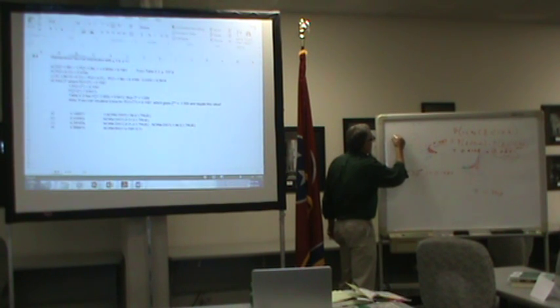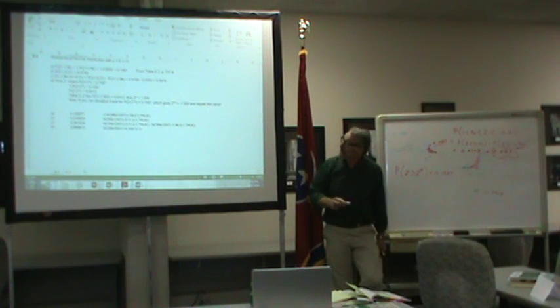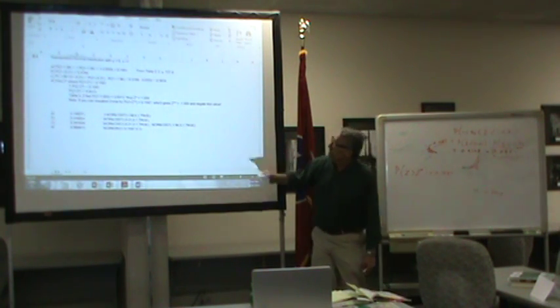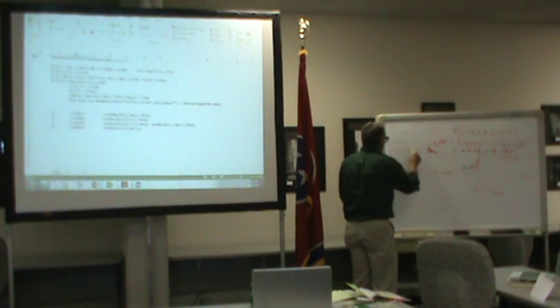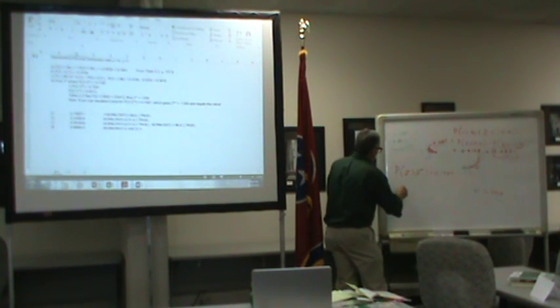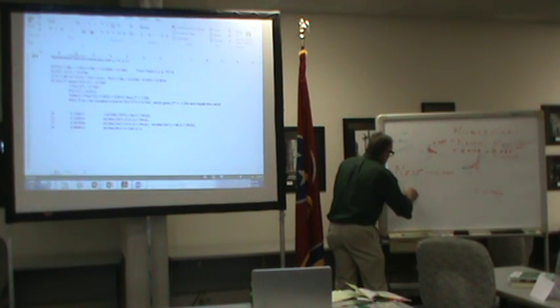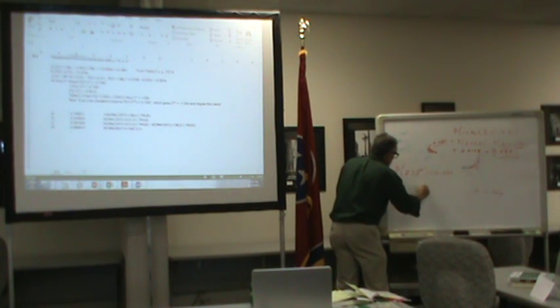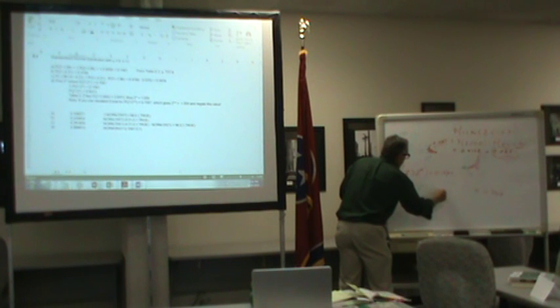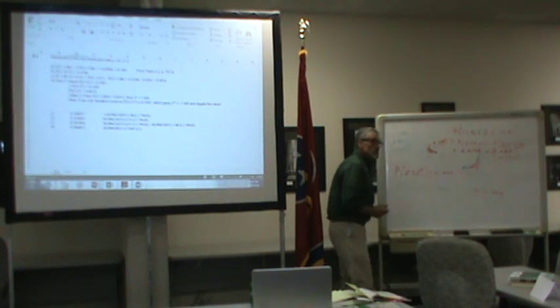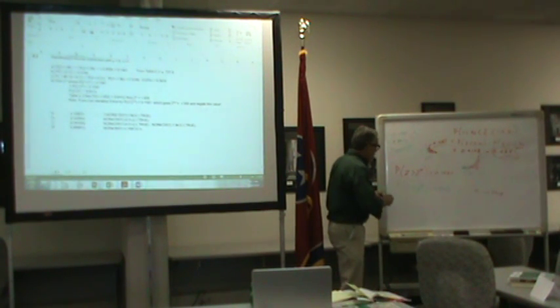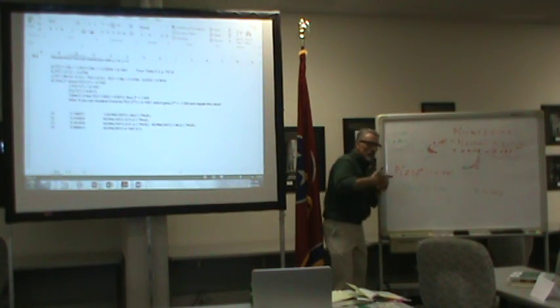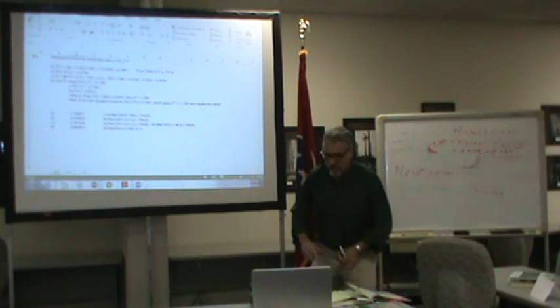That's 1 minus 0.1587, which is 0.8413. So asking this question is the same as saying, what's the probability that z is less than z star equals 0.8413? Same question. And why am I asking the green question again? Because the table only has the green answers. The table doesn't have the red answers, so I have to ask the green question.